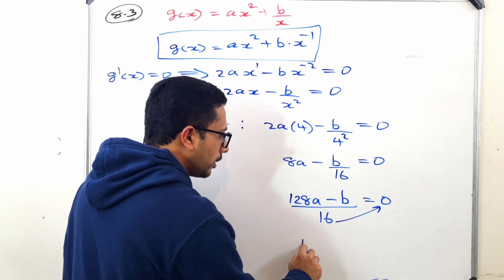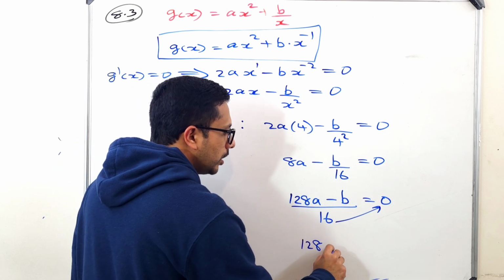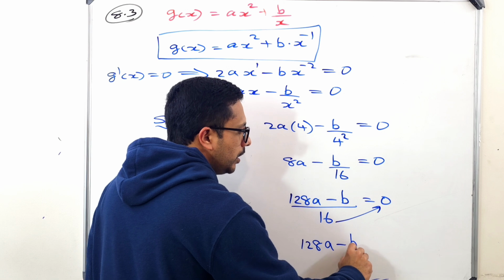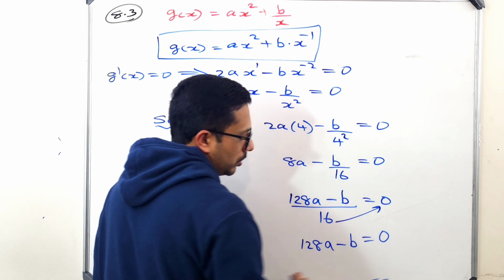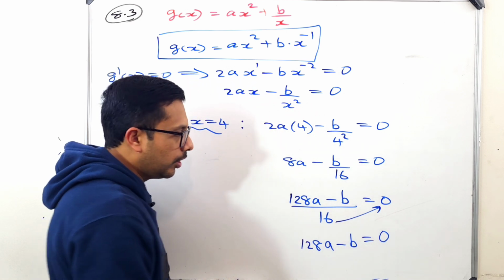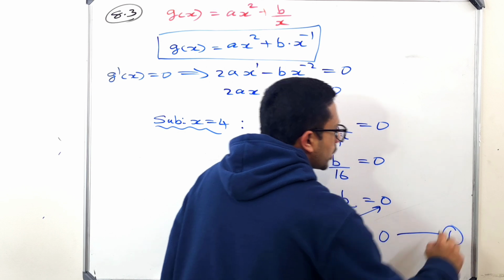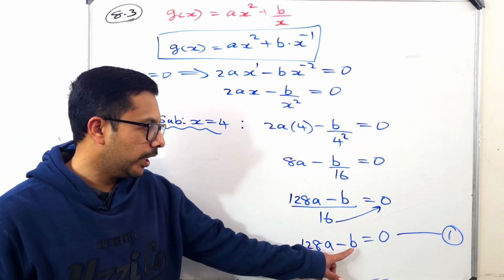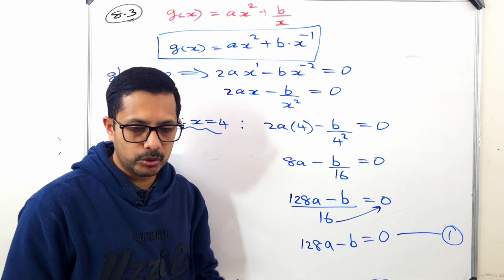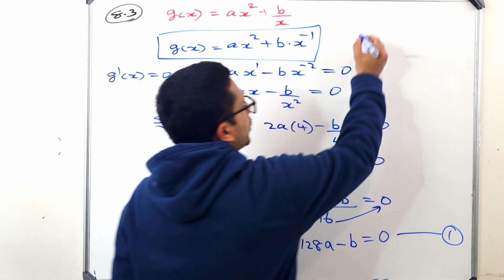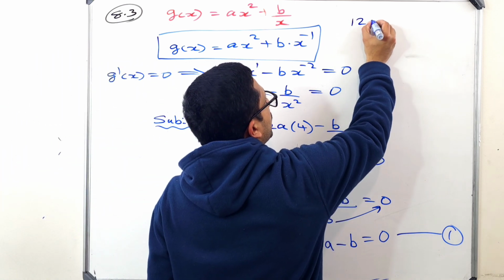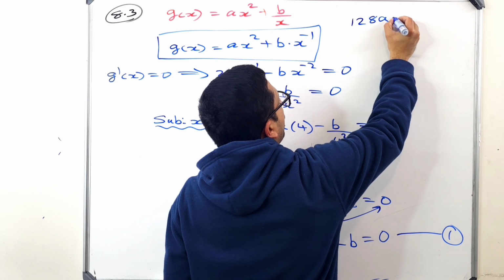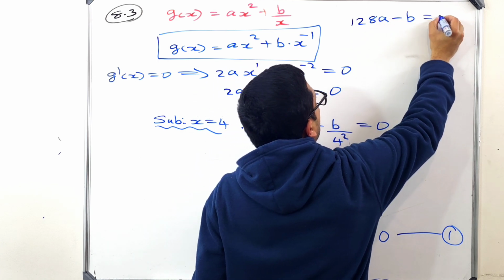So what is the answer now? 128a minus b is equal to 0. You understand? Let me call that equation number 1. So my first equation is 128a minus b is equal to 0.